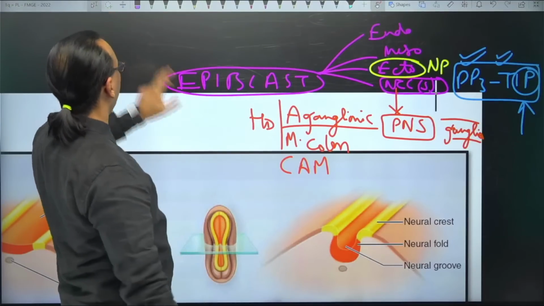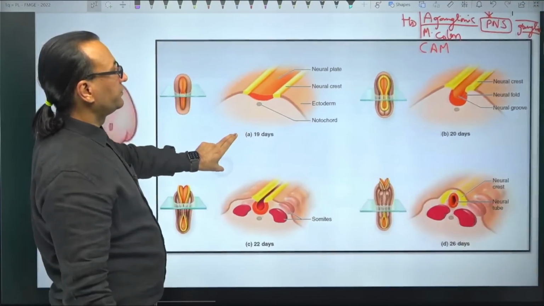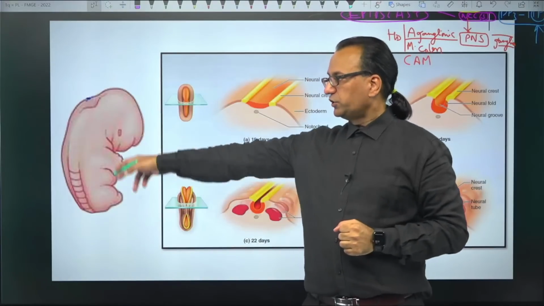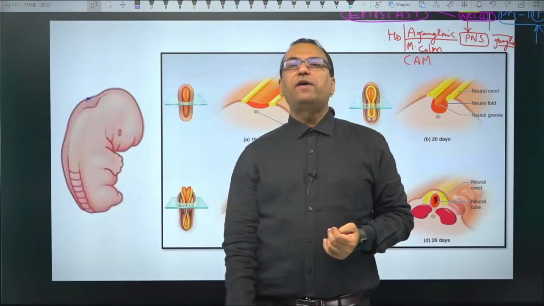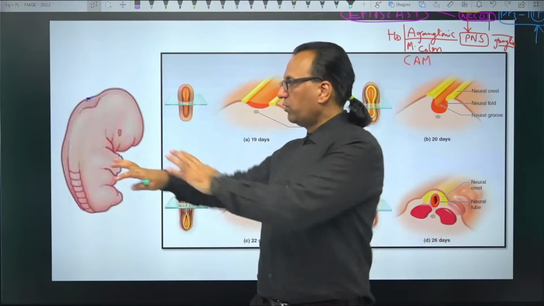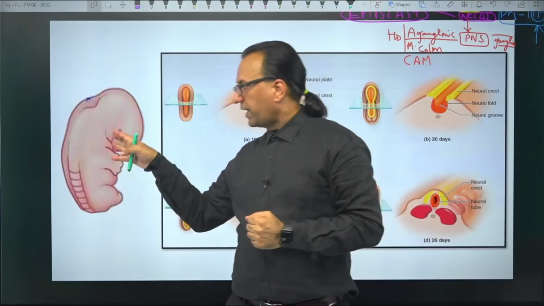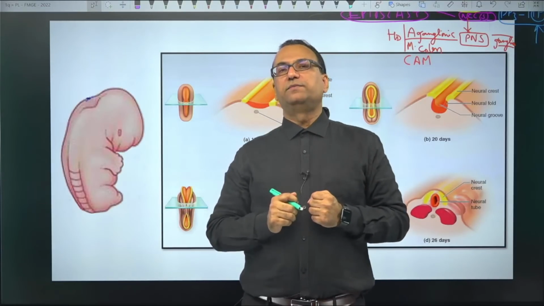In this diagram, we are looking at the dorsum of a developing baby. What will it be covered by? Skin. And where is the skin epithelium from? Surface ectoderm. If you remove the skin, what do you find? Vertebra. What is vertebra developing from? Mesoderm.